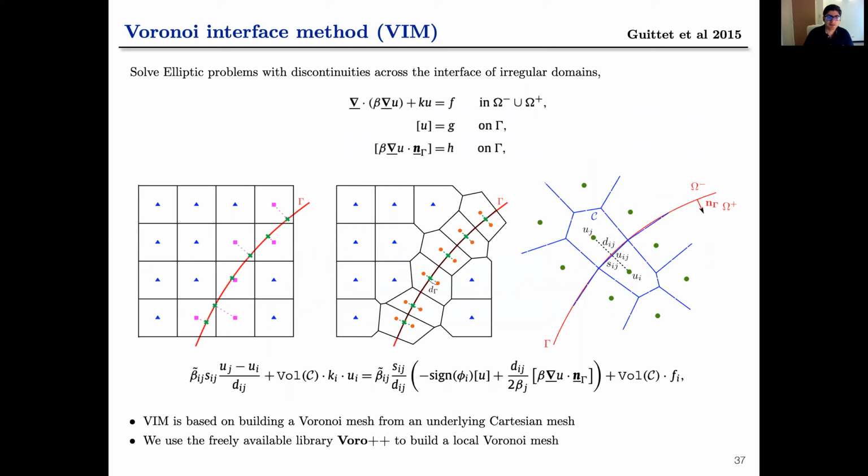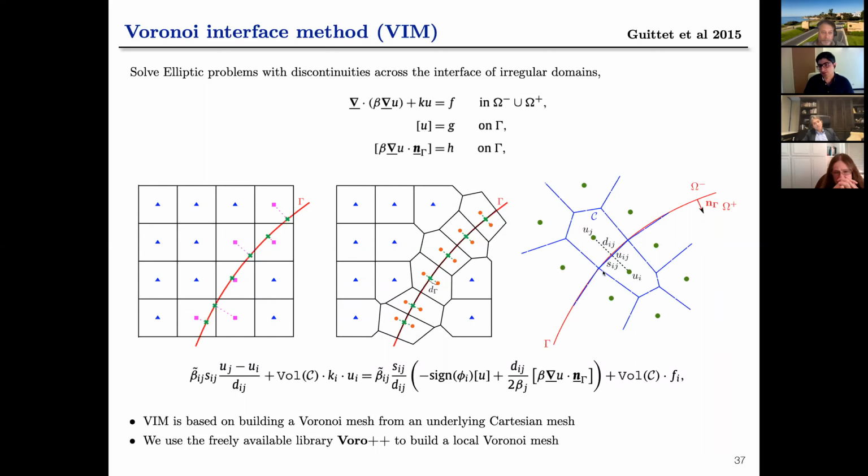Basically, you start from a Cartesian mesh. You have this interface that crosses the different computational cells. Then you just remove these cells that cross the interface and replace them with a pair of equidistant points. And then you use them as the seeds for a Voronoi tessellation. And then you end up with a Voronoi grid, which is body fitted to the interface.